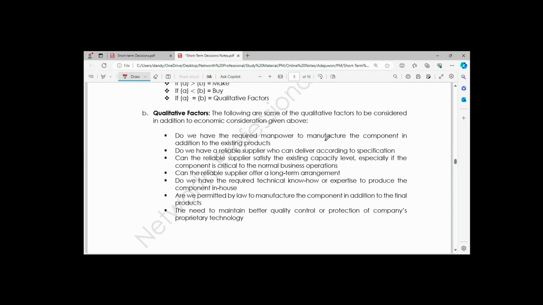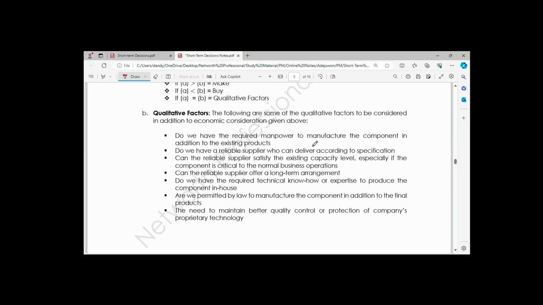One is, what are the relevant factors you must consider if you want to make the component internally? Two, what are the factors to be considered if you want to contract the component to an outside supplier to do it on your behalf?